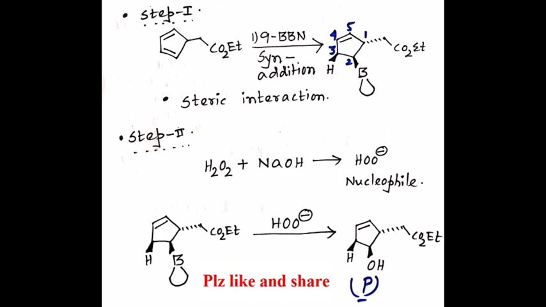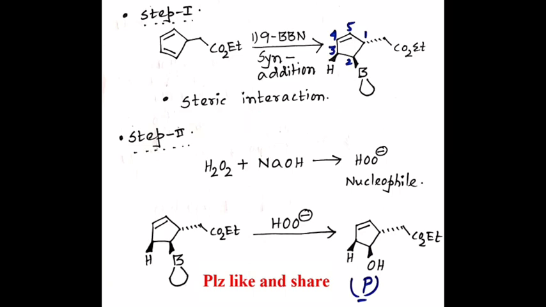In this product, the boron residue and the CH2OEt residue are opposite to each other. That's why this is the stereoselective reaction. Due to the steric hindrance between this 9-BBN and this CH2OEt, they are opposite to each other. So this thing we have to remember. Due to steric hindrance between these two groups, they mainly follow the stereoselective hydroboration reaction.